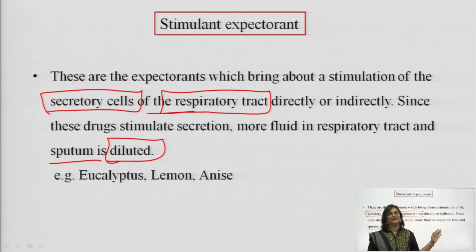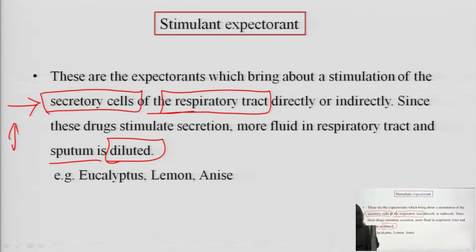So how does a stimulant expectorant work? A stimulant expectorant stimulates the secretory cells of the respiratory tract. Since the secretory cells are activated, more fluid is produced.